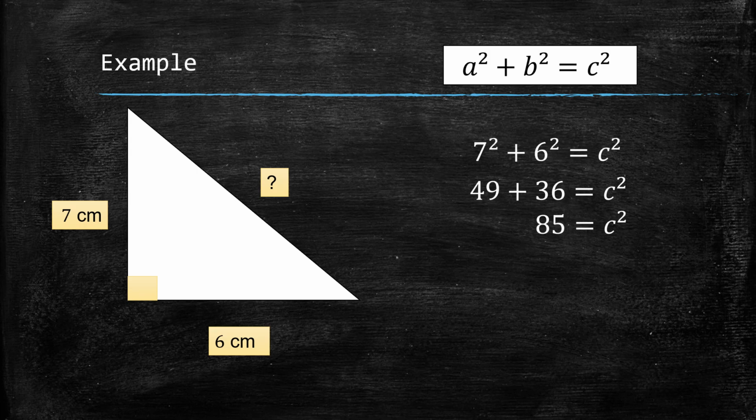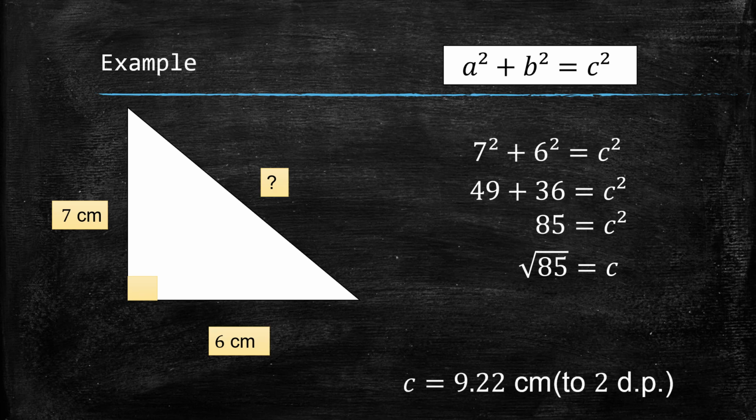If I add these two values, it gives me 85, which is c square. To get rid of the square sign and find only c, I have to square root the value on the other side of the equals sign. The answer I get for c is 9.22 centimeters, correct to 2 decimal places, and that's my answer for this question.